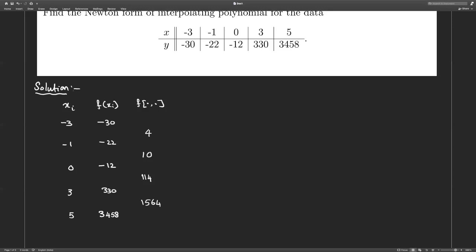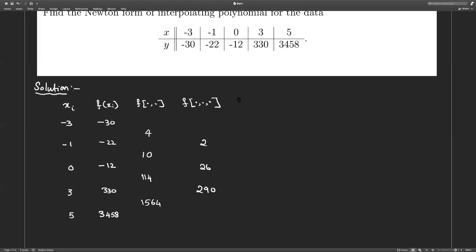1564. Let's go to the column for the second order divided differences, and we have f of x0, x1, x2 written in between these two numbers, and that is given by 2. And similarly, we have to write the next divided difference in between these two numbers, and that is given by 26. And finally, the last entry is 290.